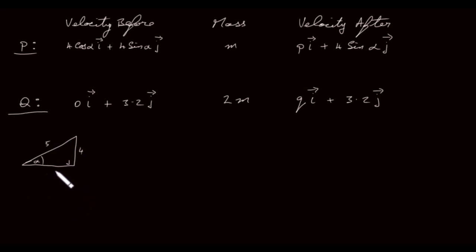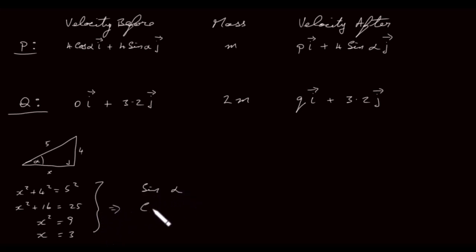But just to work it out here, you can call this maybe x. x squared plus 4 squared is equal to 5 squared. So you've got x squared plus 16 is equal to 25. x squared is equal to 9. x is equal to 3. So we now know therefore the sine of alpha, the cos of alpha, and the tan of alpha if we need them.